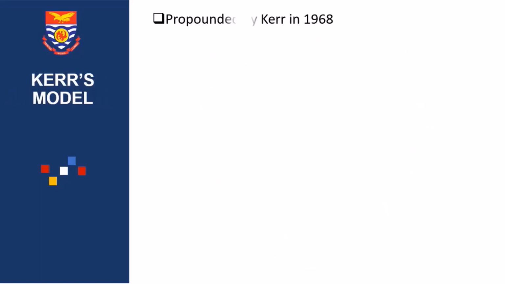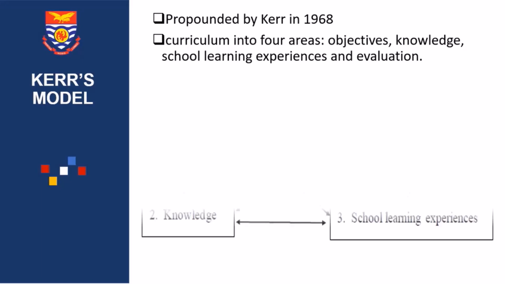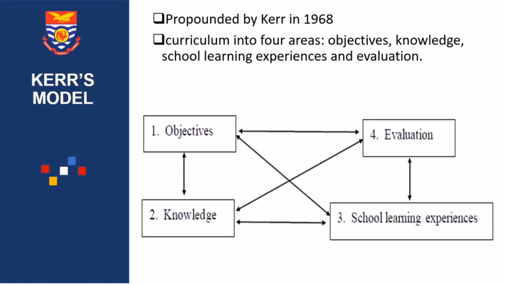And then finally, let's look at Kerr's model. And it was propounded by Kerr in 1968. And he basically classified curriculum into 4 areas: objectives, knowledge, school learning experiences, and evaluation. And his model is given as you can see on the screen. So the first one is objectives, followed by knowledge, followed by school learning experiences, and evaluation.